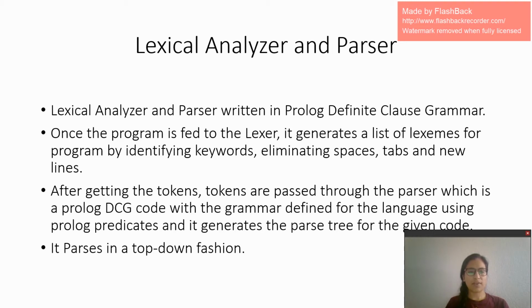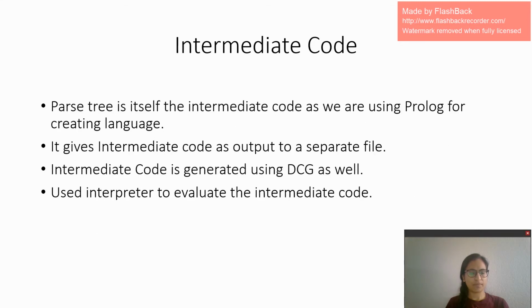The parser of the language is also DCG Prolog code. It generates the parse tree as its output. It uses top-down parsing technique. The parse tree of a code is stored in a separate file with an extension of .bmic. This file is stored in the same folder as that of the program code.